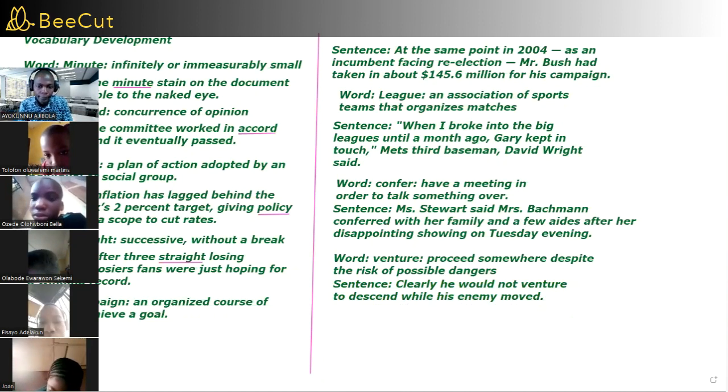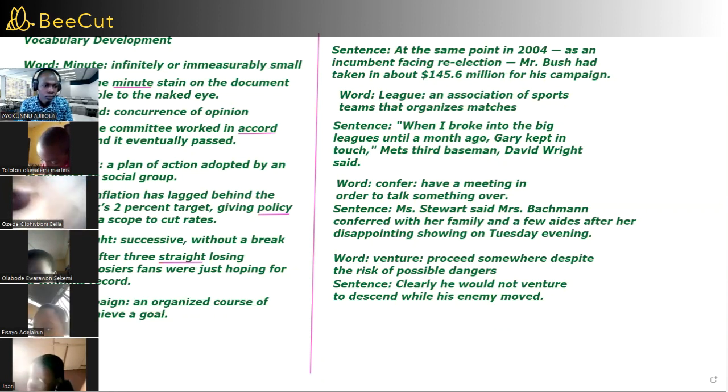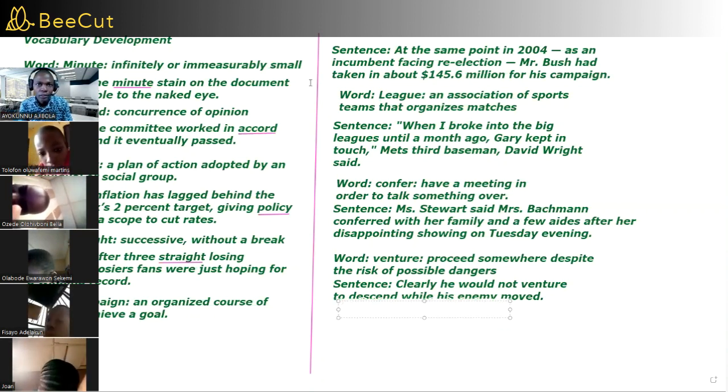So, then the next word we're looking at here is the word temper. Yes, temper. Erin is not in class, and Zion. Erin, are you there? Zion, are you there?